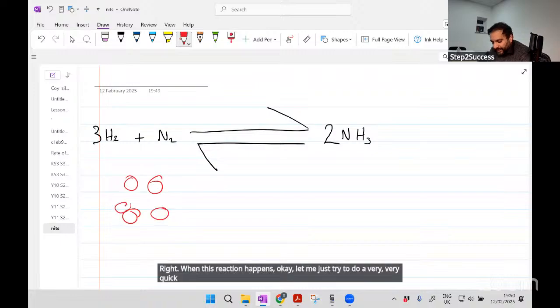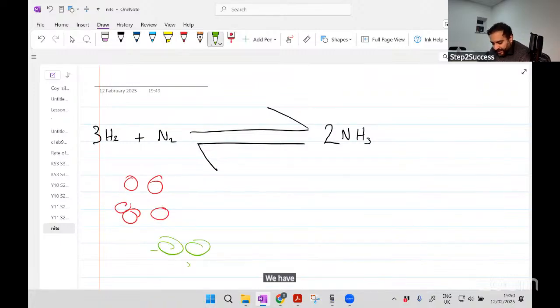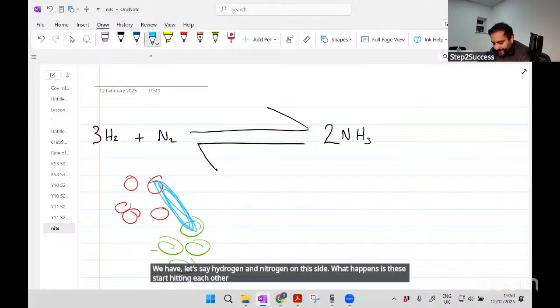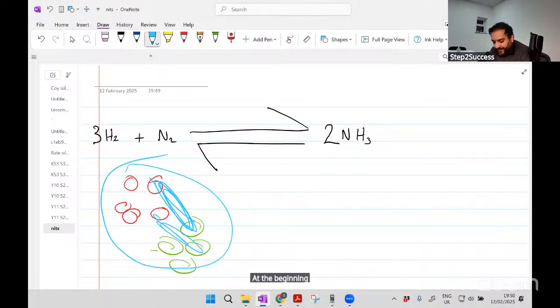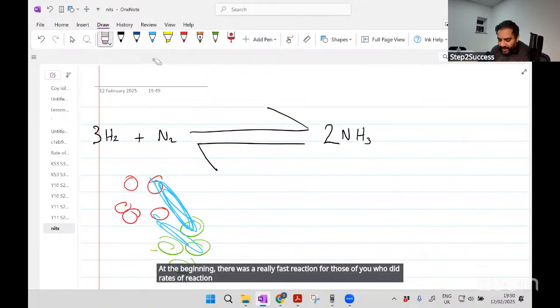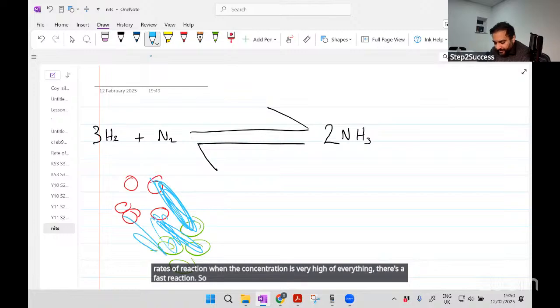We have hydrogen and nitrogen on this side. These start hitting each other, and at the beginning there is a really fast reaction. For those of you who did rates of reaction, when the concentration is very high of everything, there's a fast reaction. So there is a very fast reaction to start with because there's loads of these things.